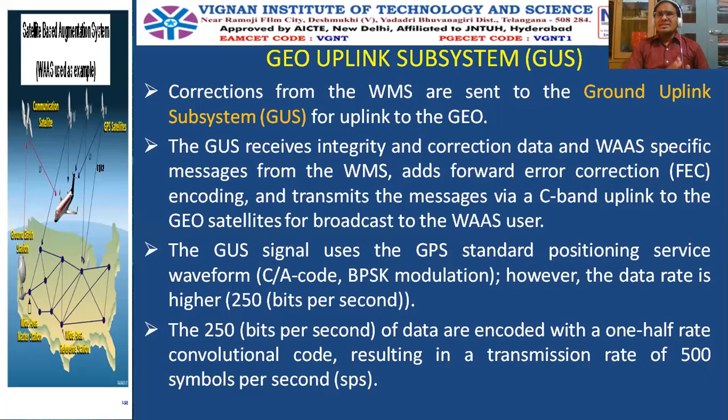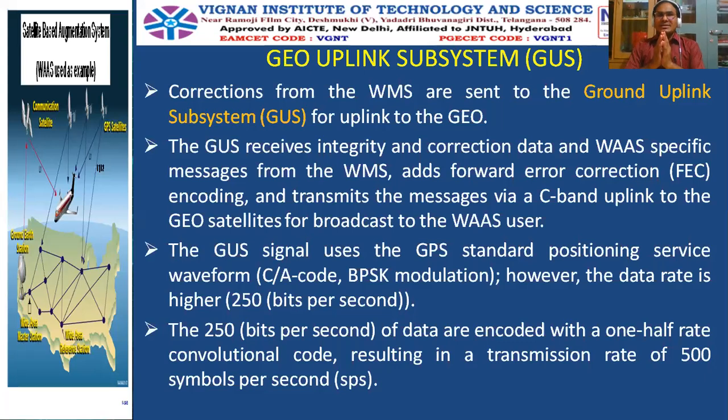So the data are to be sent to the end user, and for that purpose we are using a geo satellite, and using this ground uplink subsystem we are sending this WMS data to the geostation, that is we are uplinking it. For that purpose we are using a separate setup that is called a ground uplink subsystem.